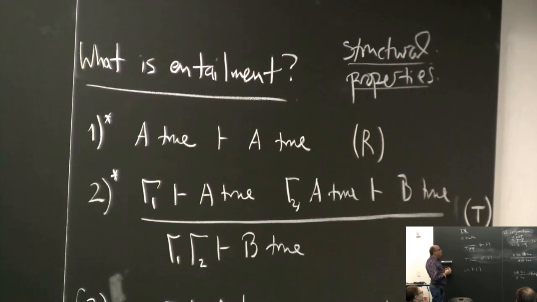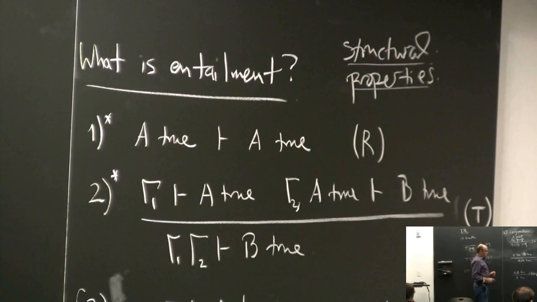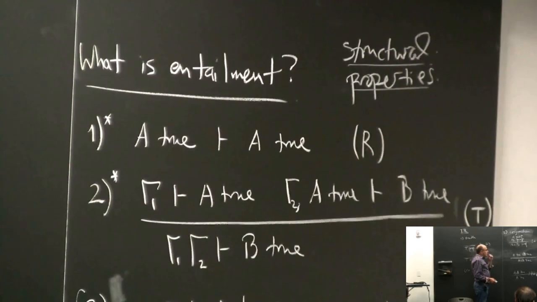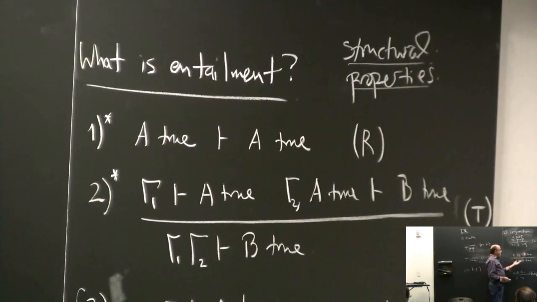Let me just make a remark about the form of presentation of these rules. When I write the rules down in this form, I'm writing them in what is called a local form, which is only the things that matter to the particular rule are written down here.